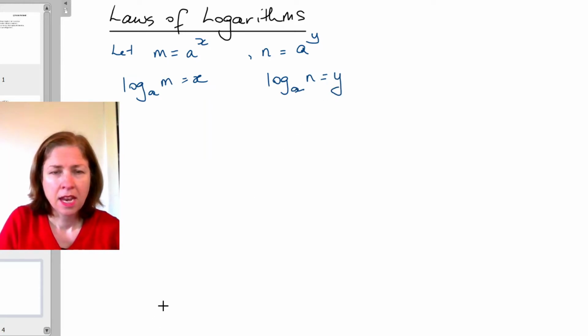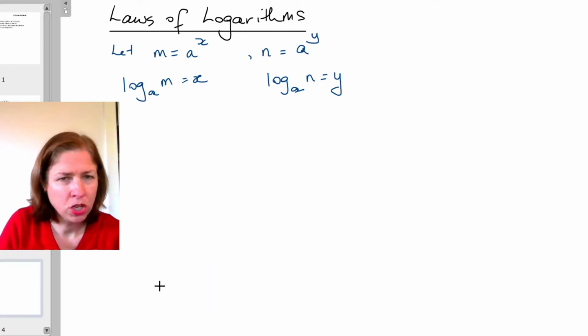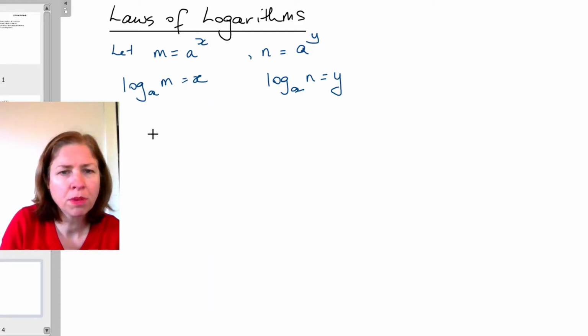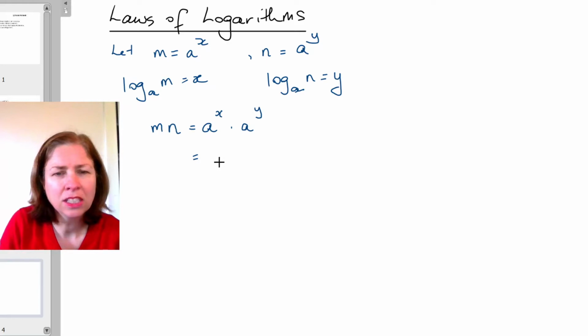Now what I'm going to do is go back to my original expressions and multiply them together. I know that m times n is going to give me a to the power of x times a to the power of y. And using my index laws, I know that these powers are going to be added together. So that gives me a to the power of x plus y.